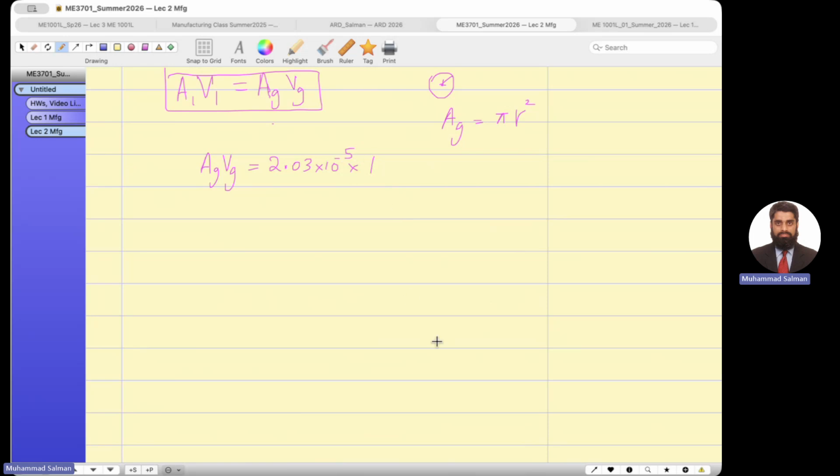Agreed. So now you find out AG VG, which is equal to this value, 2.03 times 10 to the power negative 5. Can you plug it in this equation?